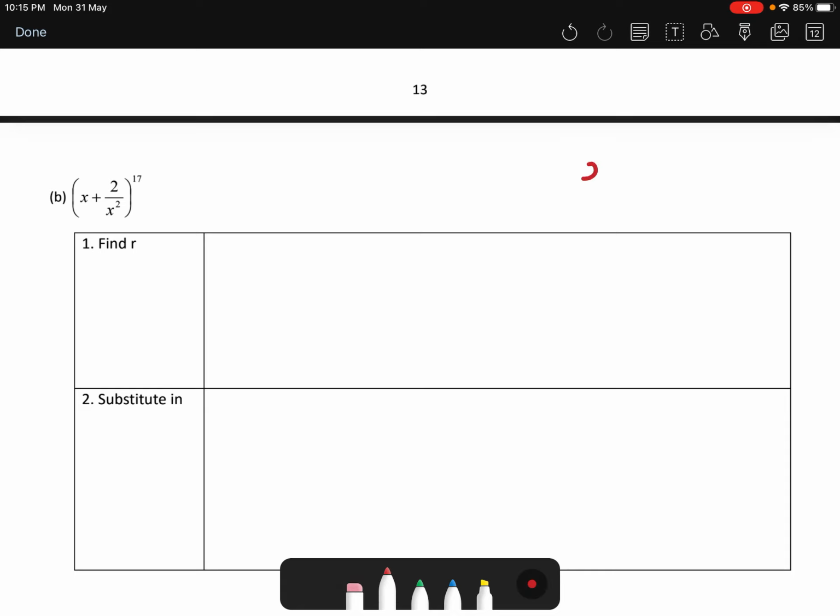Since I want the x squared term, we have 17 choose r, then x, then 2 over x squared. For the blue bracket, it's just r. Sorry. The green bracket is 17 minus r.